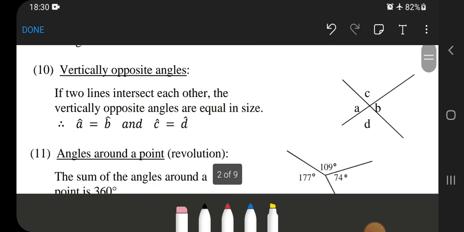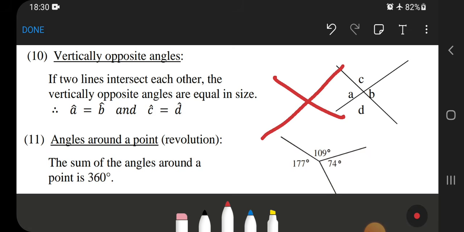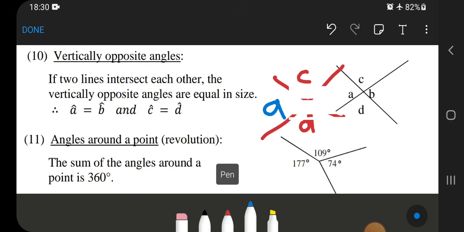And then we're going to look at vertically opposite angles. If two lines intersect each other, the vertically opposite angles are equal in size. So remember, we talked about intersecting lines that cut each other like that. If those lines cut each other like that, this one is equal to this one, and this one is equal to this one.